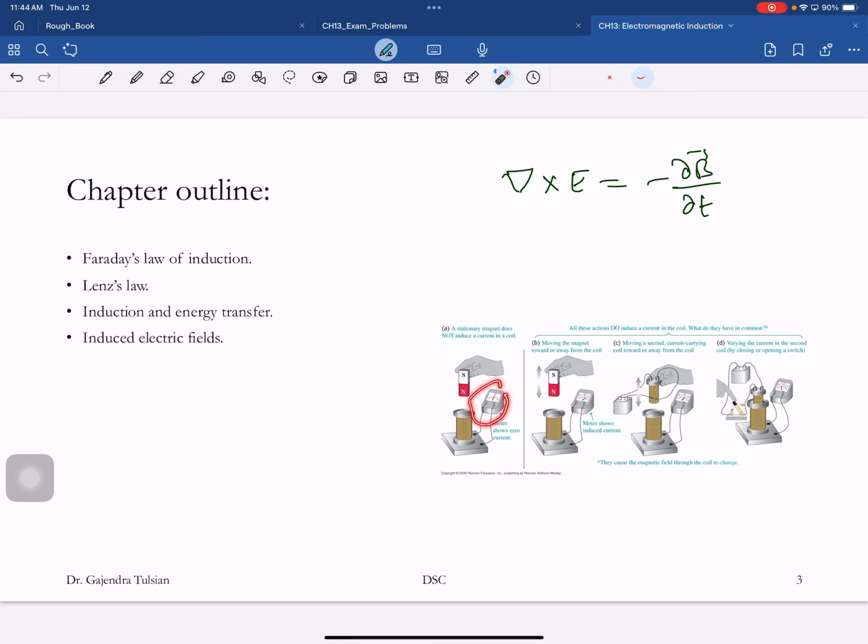Nothing happens. Now if you move the magnet in this location, the magnetic field is changing. This term is non-zero. And what you find is when you move the magnet downwards, it'll induce an electric field in this direction, like that.